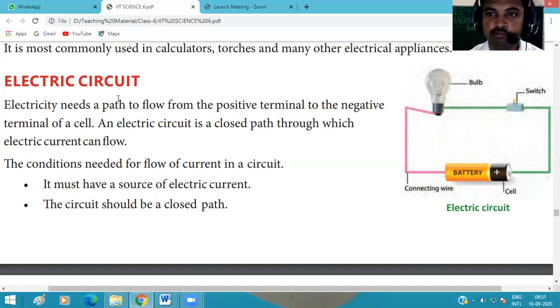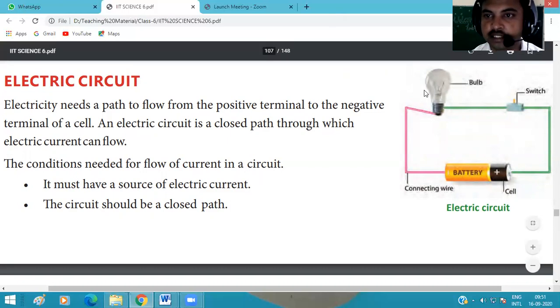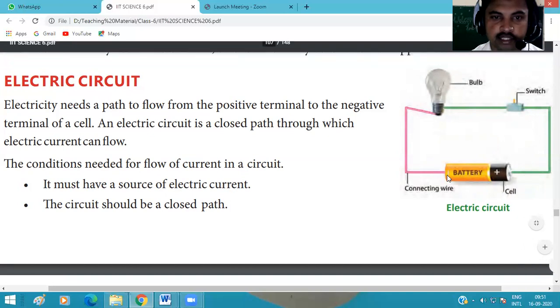To understand the flow of electricity, we need a circuit. So we prepare a circuit in the laboratory. We know the battery or the cell always has two terminals, a positive terminal and a negative terminal.